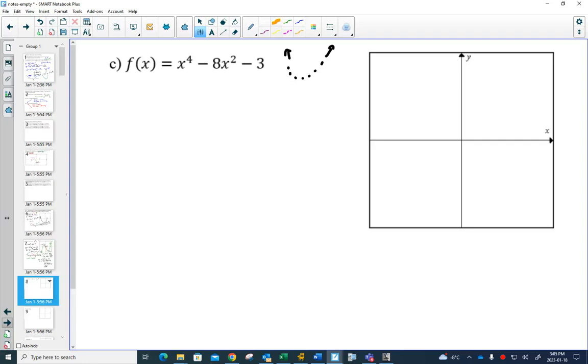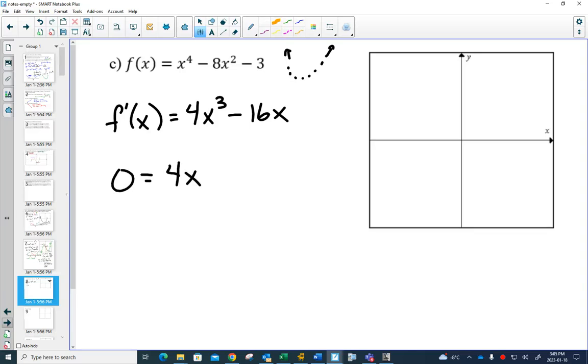Now that we have calculus, we can find our derivative. 4x cubed minus 16x. Woo! So nice. Set it equal to 0.